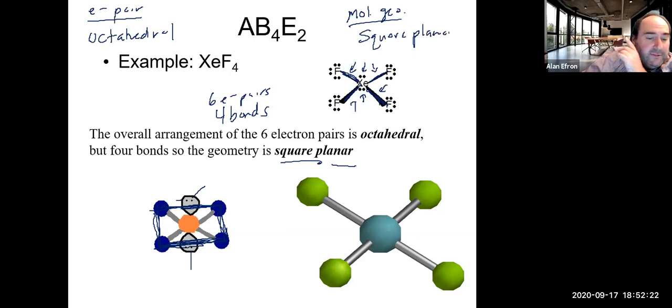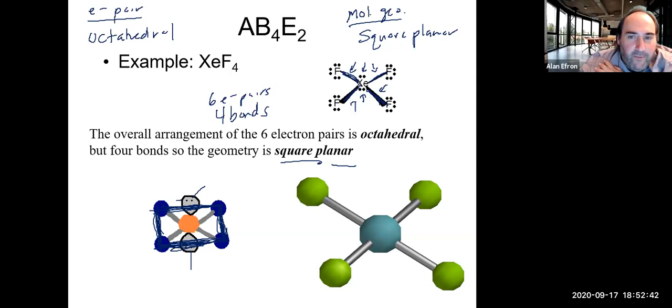Not to be confused with trigonal planar, which is different. Square planar, much like the name implies, makes more of a square, while trigonal planar makes more of a triangle type shape. The bond angle here is about 90 degrees in the square.